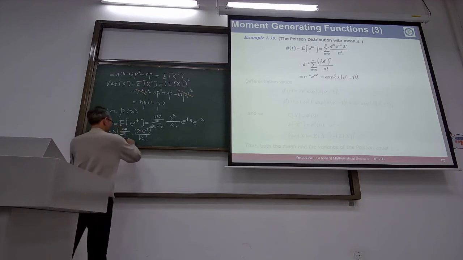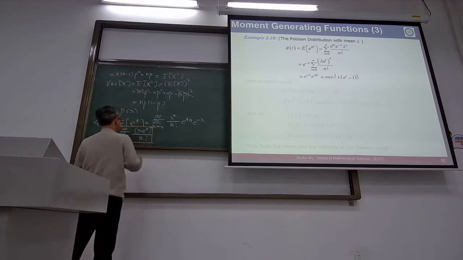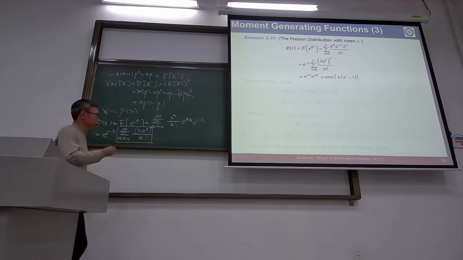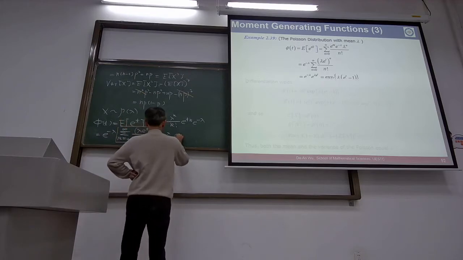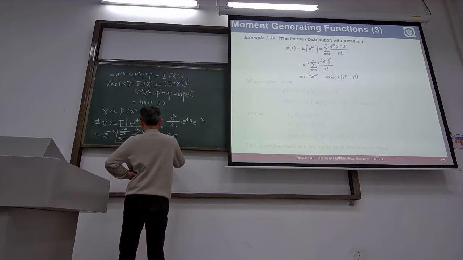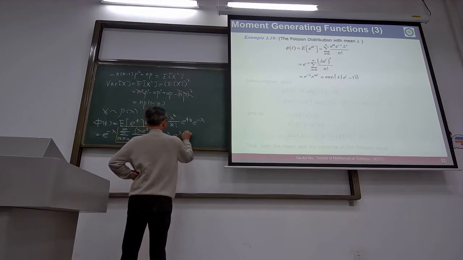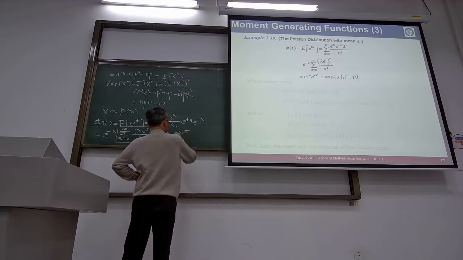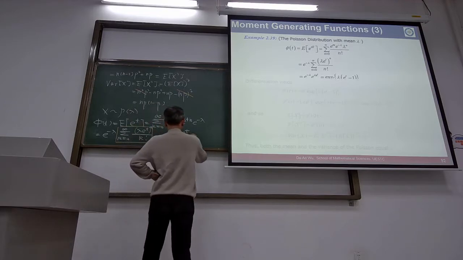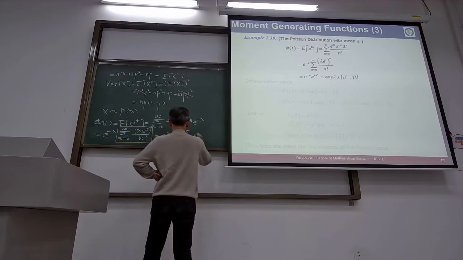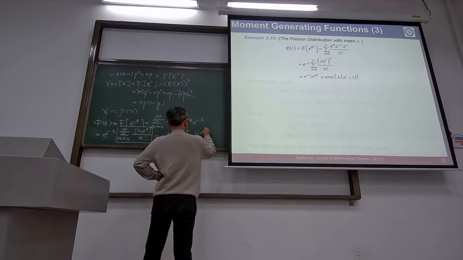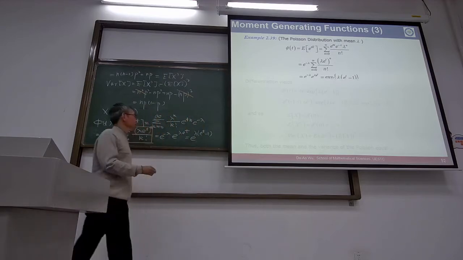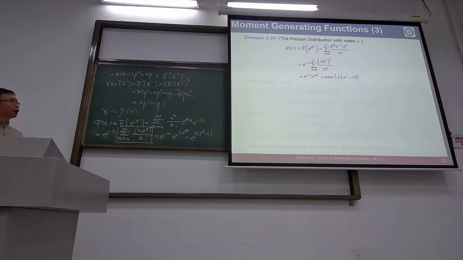This part just equals e to the lambda e to the t. So phi of t equals e to the lambda times e to the t minus 1.